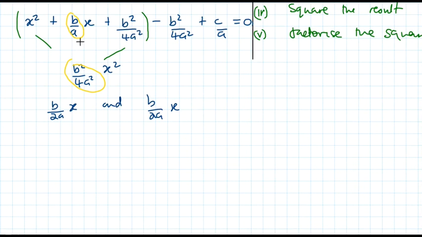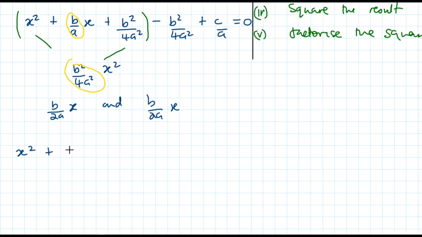So now let's break down the coefficient of x, or b over a x, so that we have more terms inside our equation, and it makes it easier for us to factorize this perfect expression.